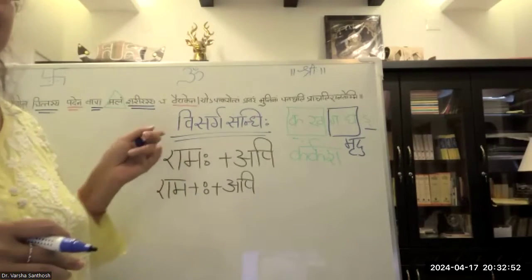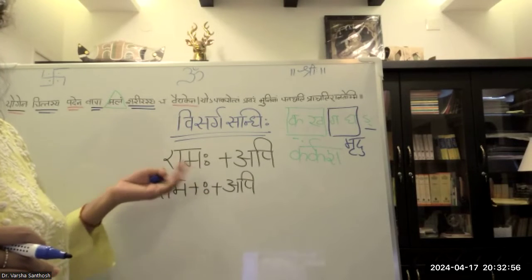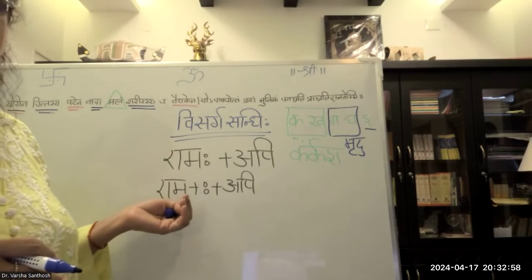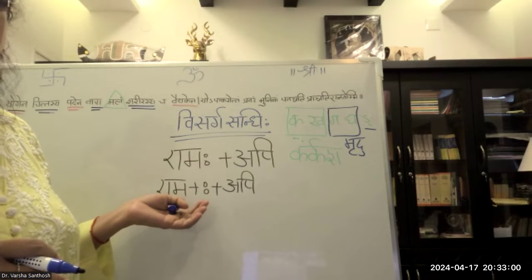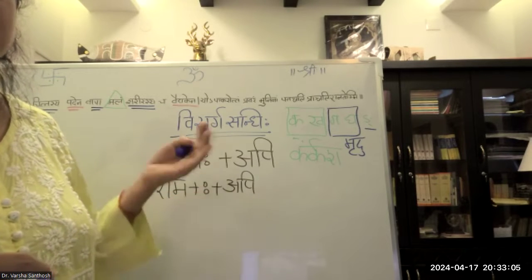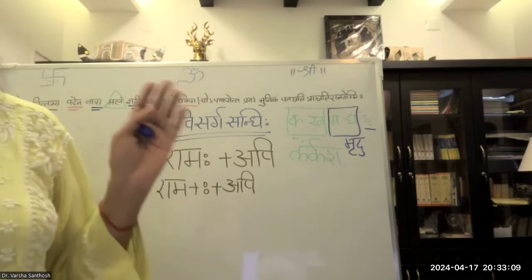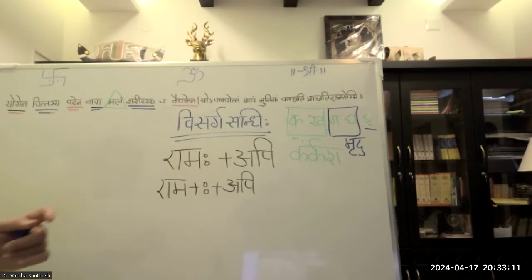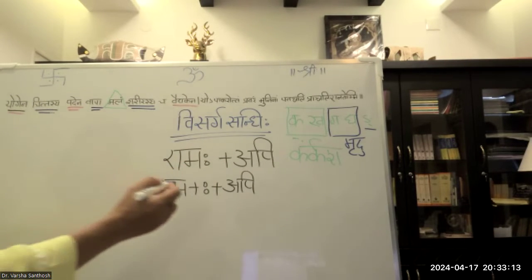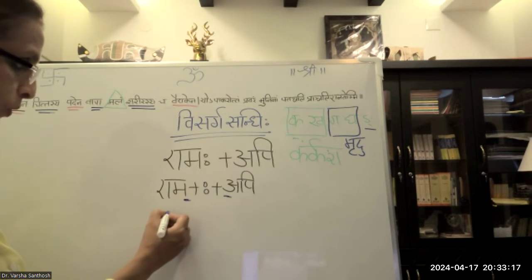So in our rule, if the Visarga is preceded by a Hrasva Akara and followed by an Akara or a Mrudu Vyanjana, then the Sandhi of U is going to happen. So, in this situation, the Visarga is going to become U.